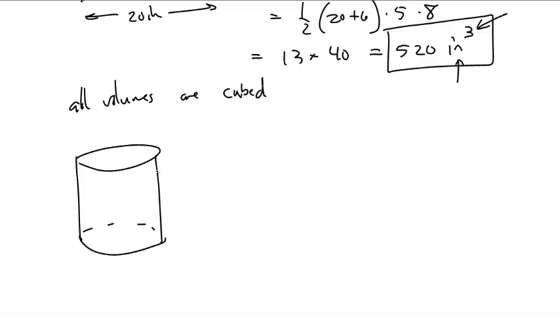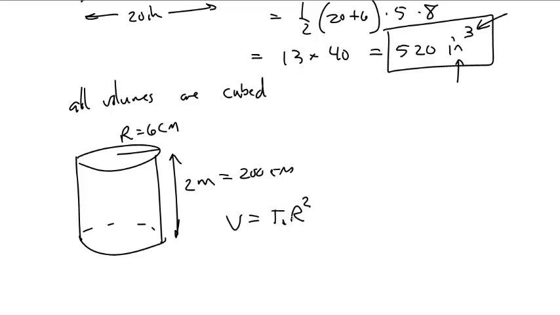We've got a cylinder, and it's got a radius of 6 centimeters, and the whole thing has a height of 2 meters. You say, what a jerk you are. You have to know that 2 meters is 200 centimeters, and then we can find the volume. The volume is the area of the base, pi r squared, times the height, so this is pi times 6 centimeters squared times the height of 200 centimeters.